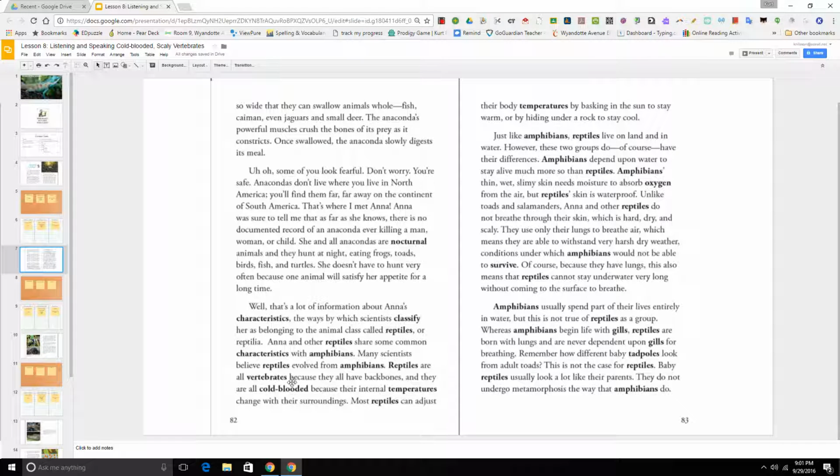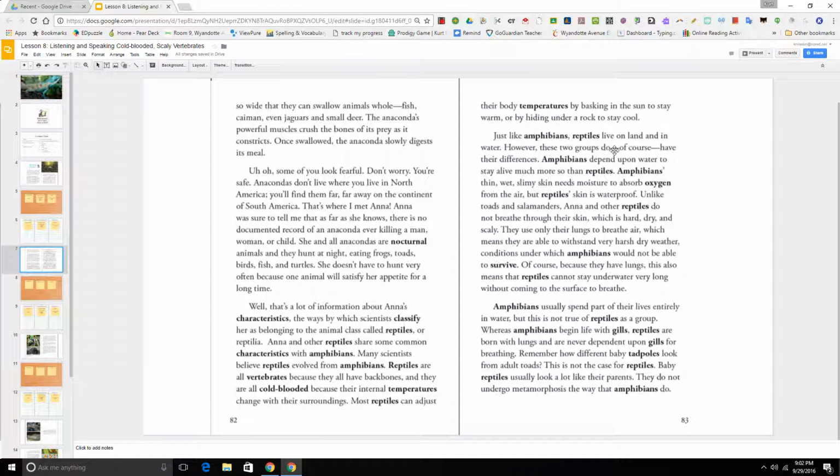Reptiles are all vertebrates because they all have backbones, and they are all cold-blooded because their internal temperatures change with their surroundings. Most reptiles can adjust their body temperatures by basking in the sun to stay warm or by hiding under a rock to stay cool. Just like amphibians, reptiles live on land and in water.